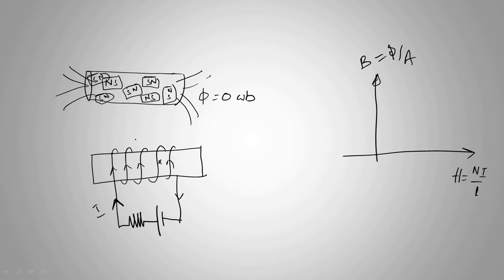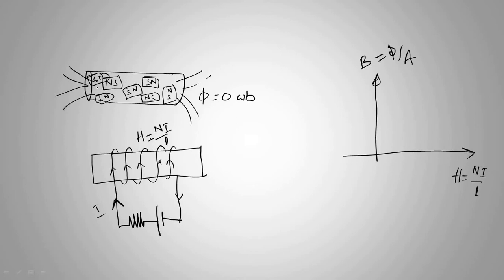When a current is flowing, there will be a magnetomotive force, H equal to Ni by L. This magnetomotive force will motivate the dipoles to orient in a particular direction.